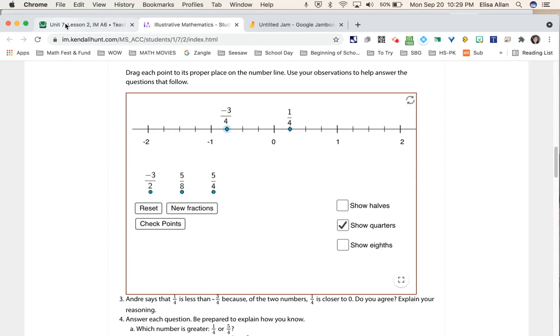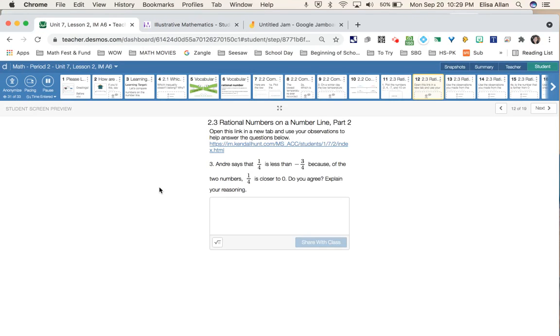So looking back at my Desmos tabs here, I can again just add into this that I disagree. And my reasoning is that -3/4, I can change that to look like a fraction by using my math tool here. -3/4, there we go. I'll hit my arrow to the right so I can get out of that box.